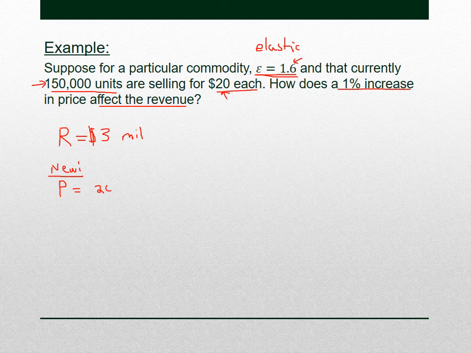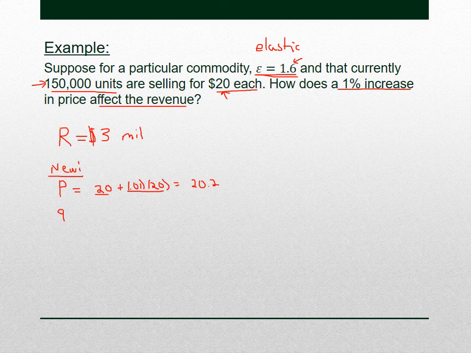So we start with our old price and then add 1%, which is 0.01 times the old price. That's 20 plus 0.01 times 20, so the new price is 20.2. Again, we took our old price and added 1% of our old price and got 20.2.